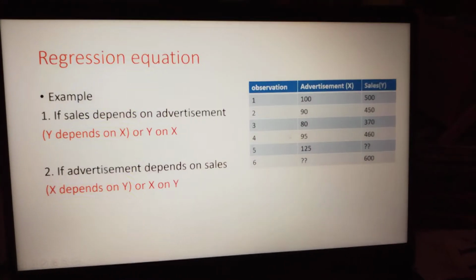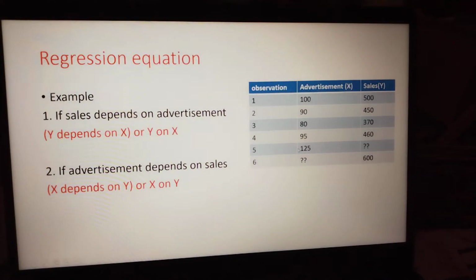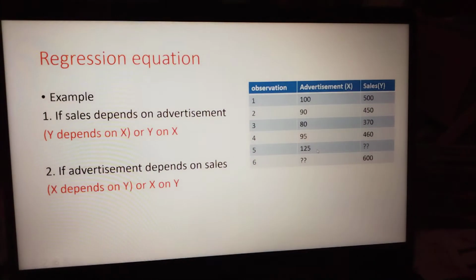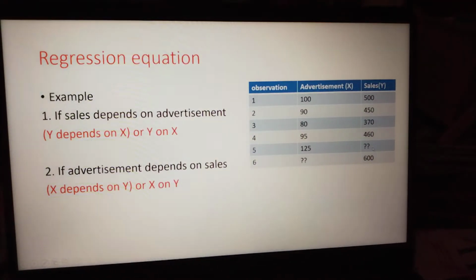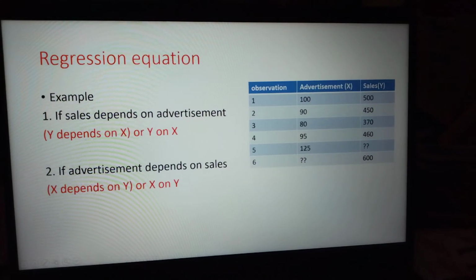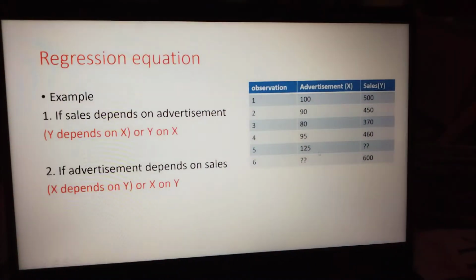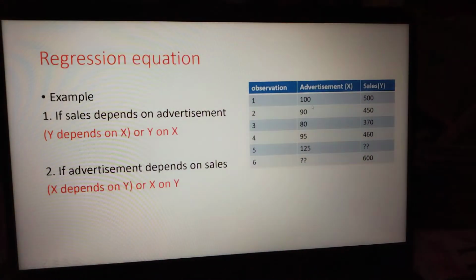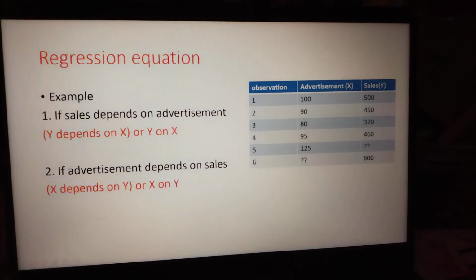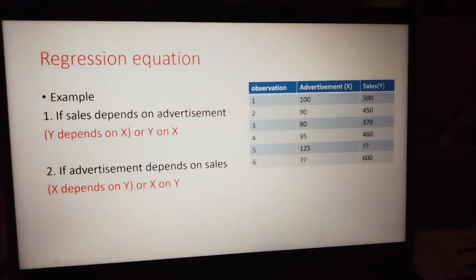But in the 5th year the company decided that it is going to invest $125 million on advertisement. So what will be the sales output? What kind of benefit in sales will the company get if it invests $125 million? This 125 is larger than the past investments.